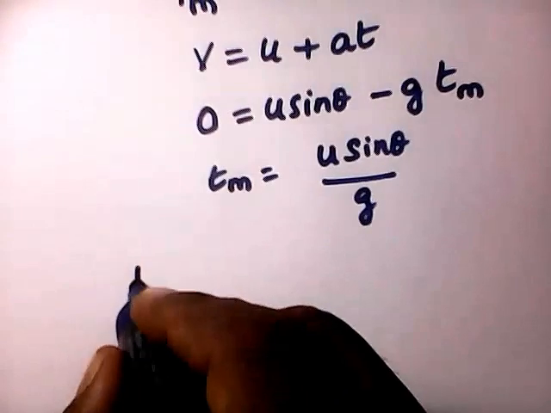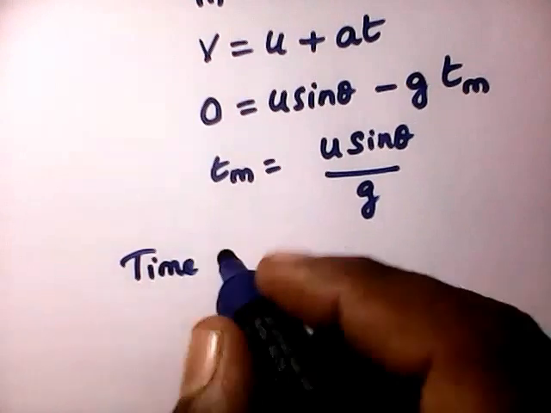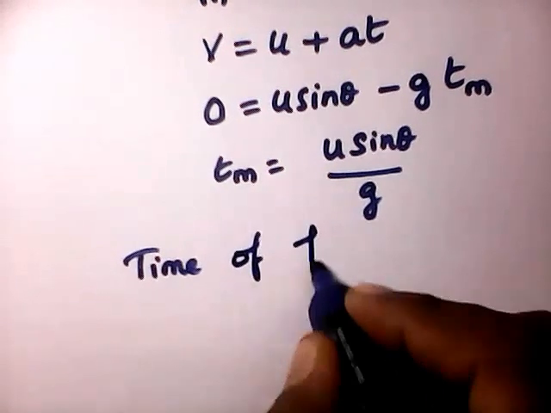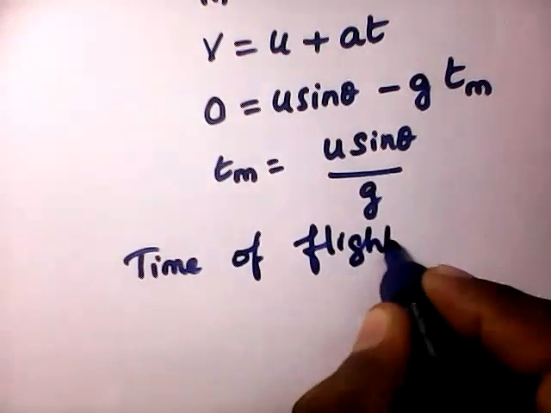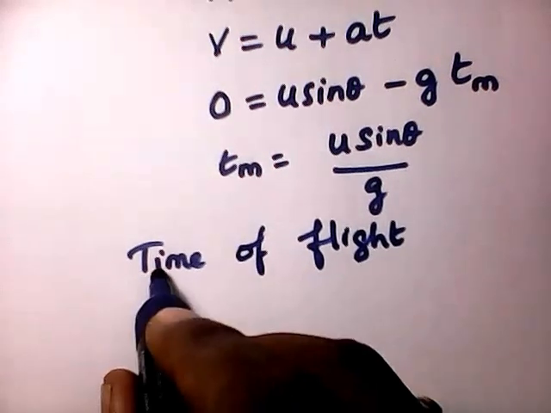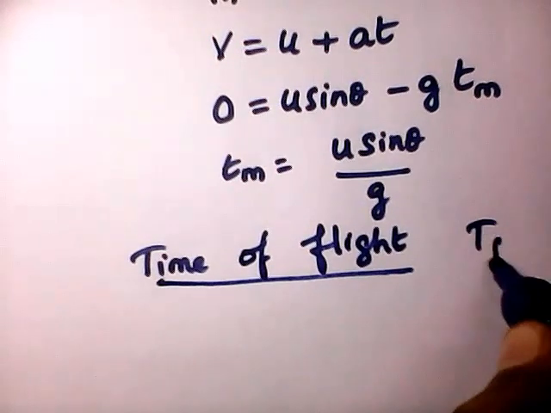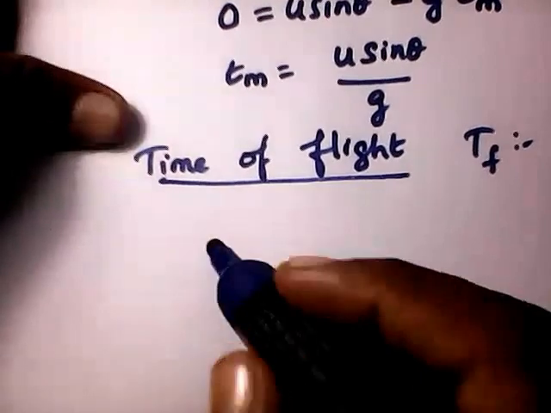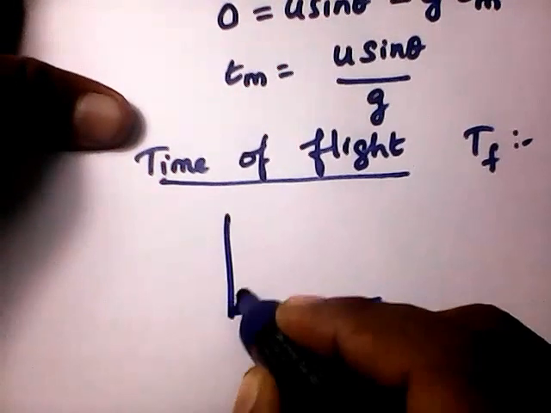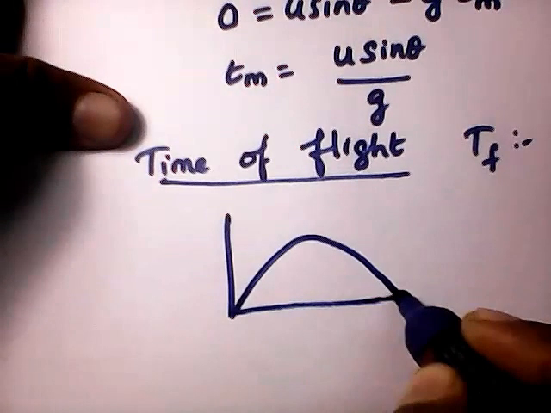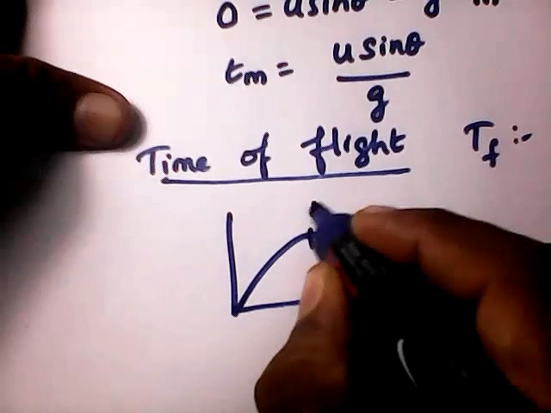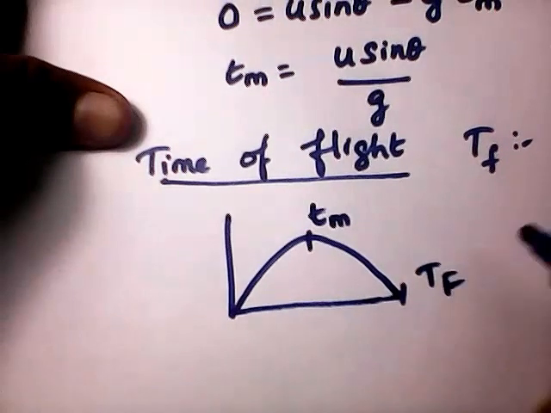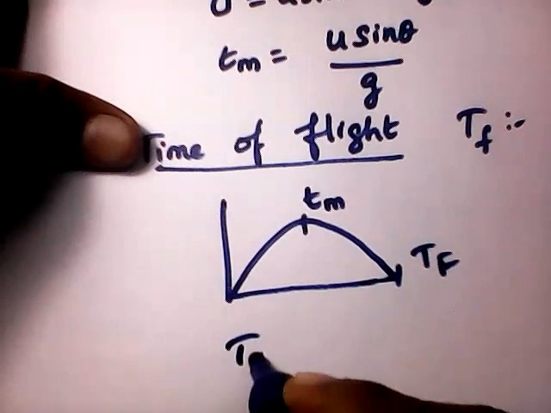Next is the total time of flight, which we call Tf. For projection like this, reaching the maximum point takes Tm, and the whole flight is Tf.